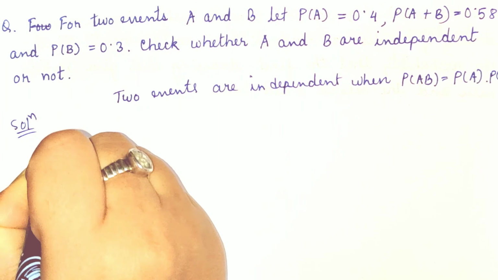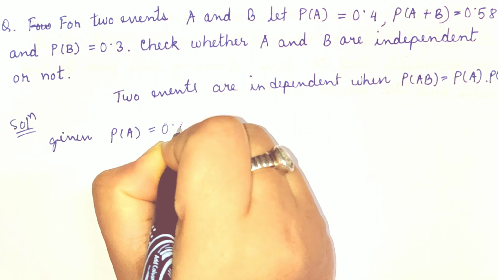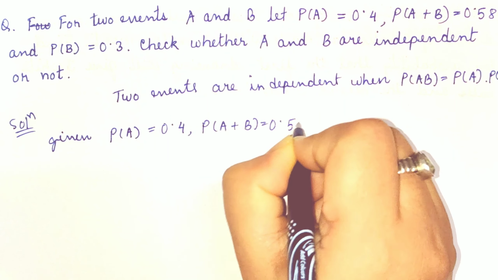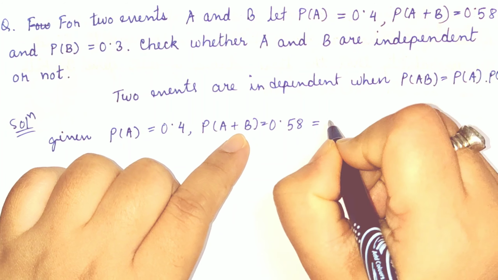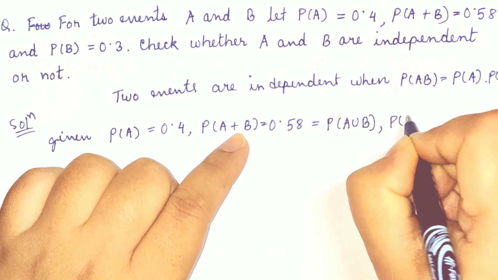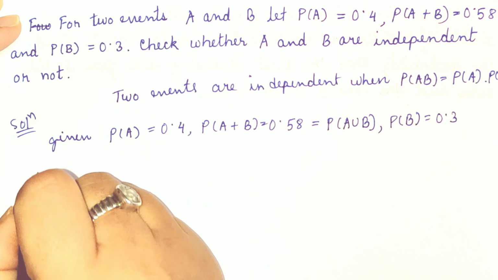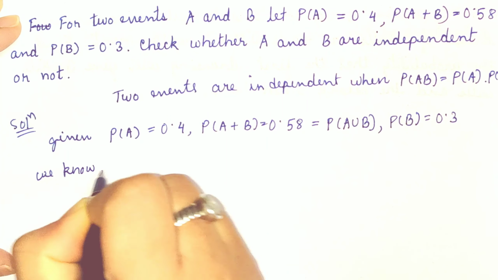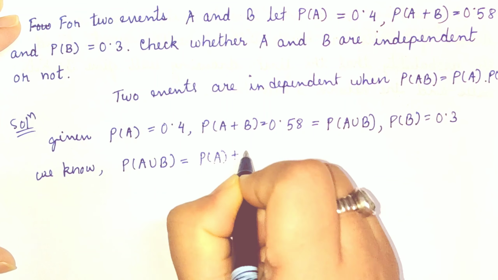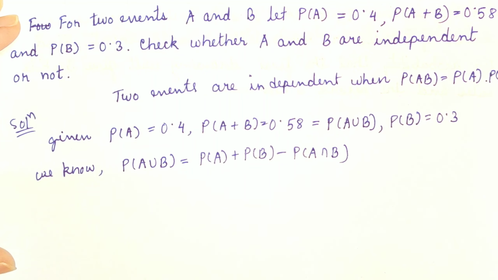In the solution, given P(A) is equal to 0.4 and P(A plus B) is equal to 0.58. A plus B can also be written as A union B, and P(B) is equal to 0.3. We know that P(A union B) is equal to P(A) plus P(B) minus P(A intersection B).